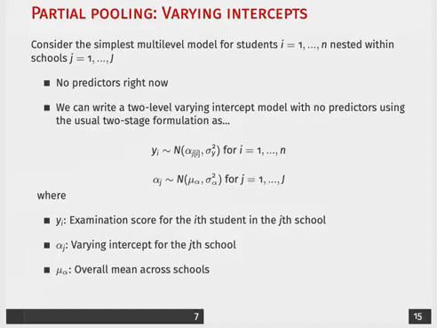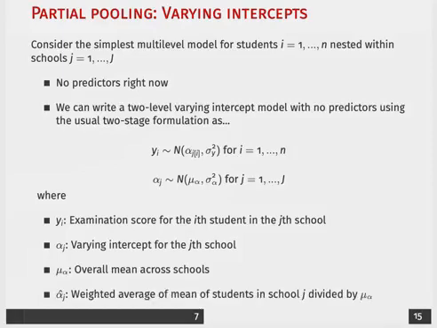The mu of alpha is the overall mean across schools. So this is what our overall effect is going to be, because it is at the school level. Then when we get a mean of those alpha j's, that's going to be the weighted average of mean students in school j divided by the overall mean.